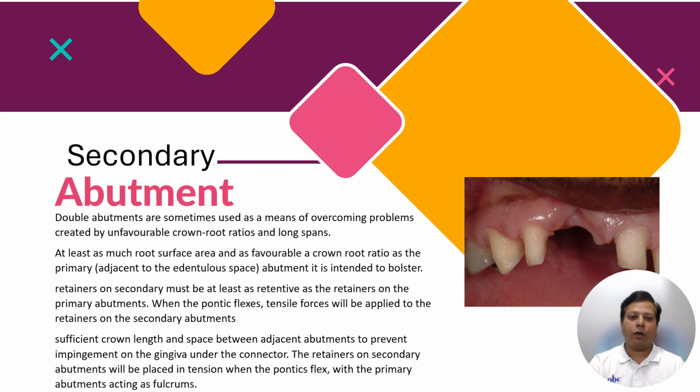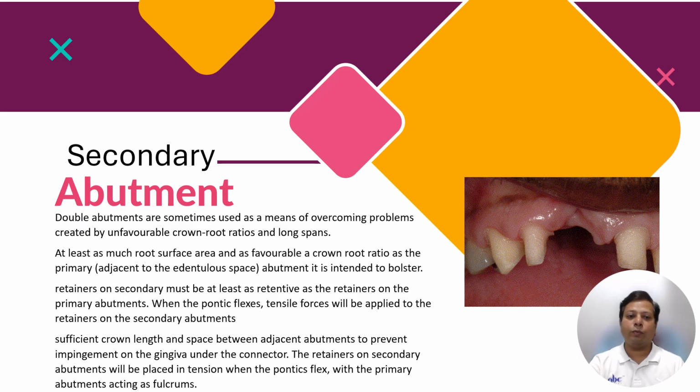Secondary abutments or double abutments are sometimes used as a means of overcoming problems created by unfavorable crown root ratios and certain long span cases. Here basically the root surface area and favorable crown root ratio of the secondary abutment are intended to bolster the primary abutment.